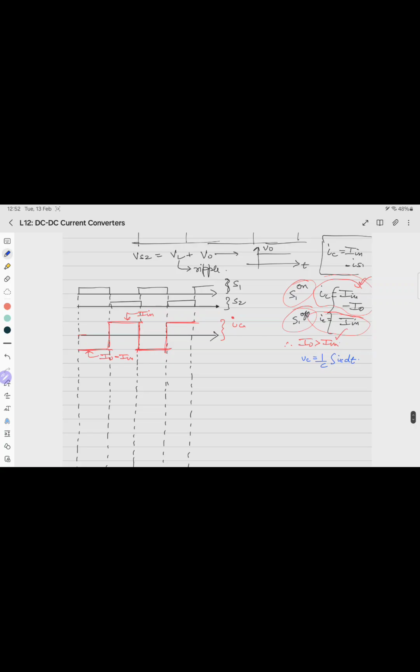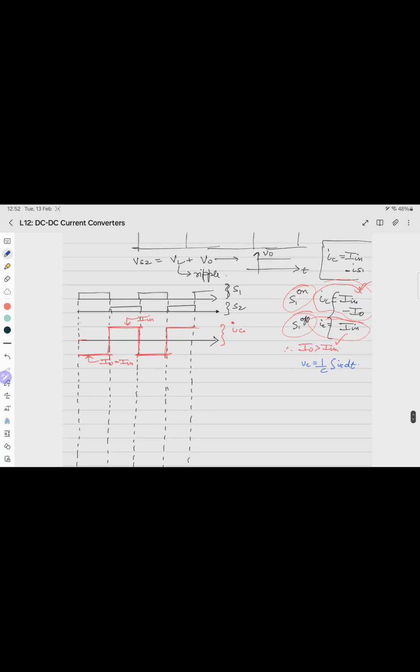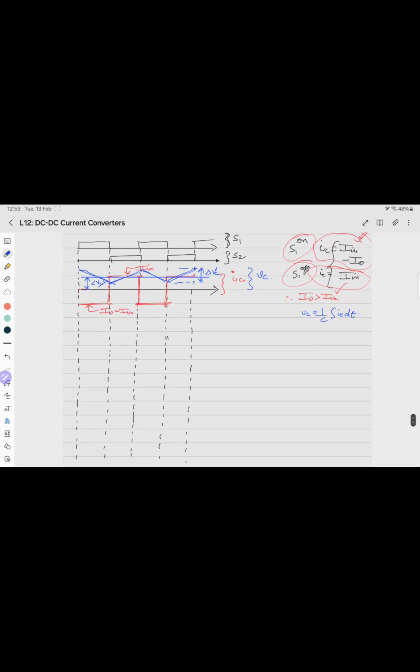So negative elements are falling edges. So this is VC, with the average value of VC, and this is delta VC. This is the waveform of VC.